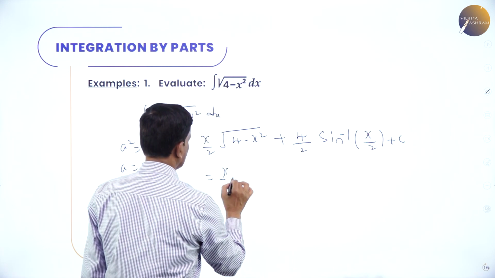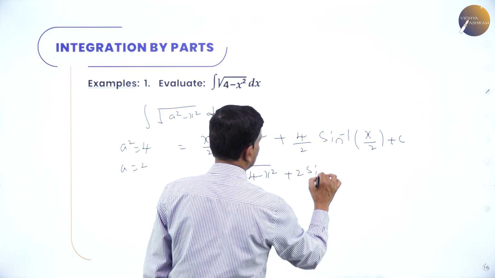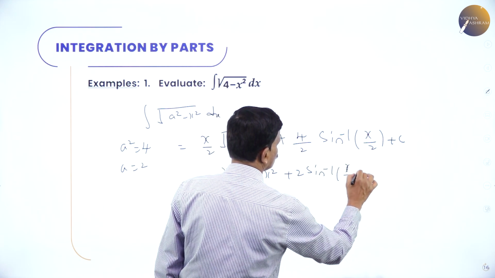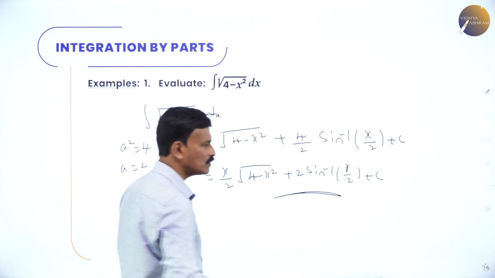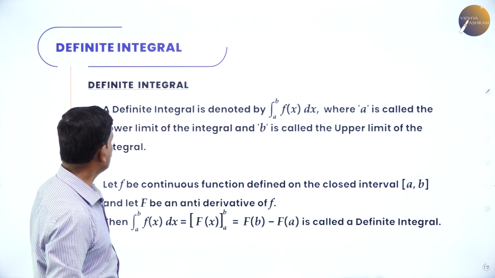So this is nothing but x by 2 into root of 4 minus x square plus 2 sine inverse of x by 2 plus c, which is the integrated answer. That's it. Now let us move on to the next problem.